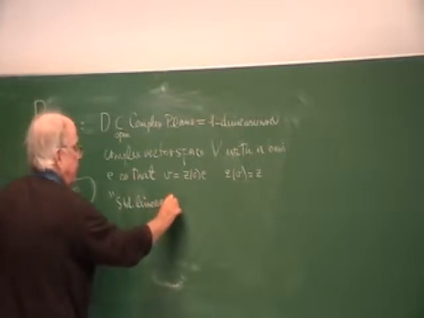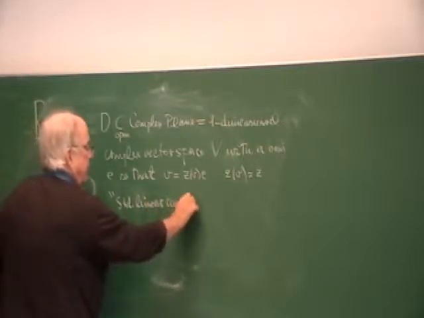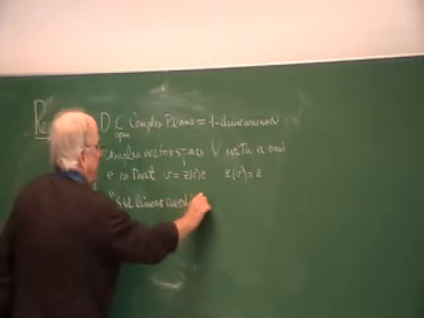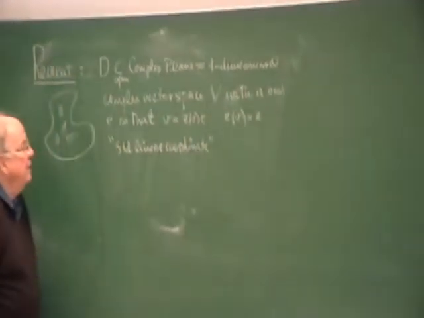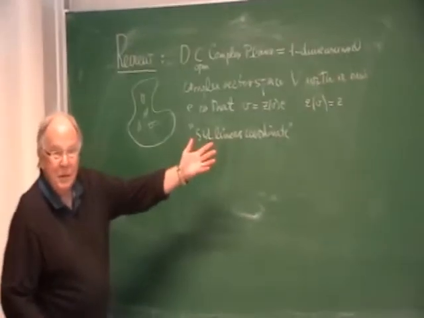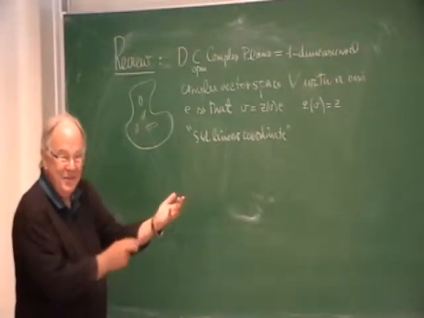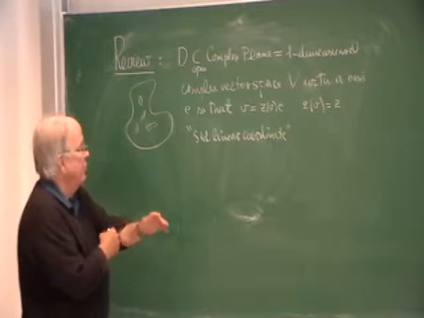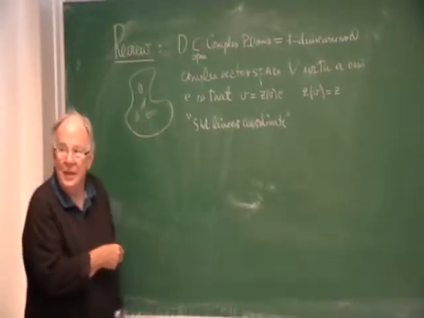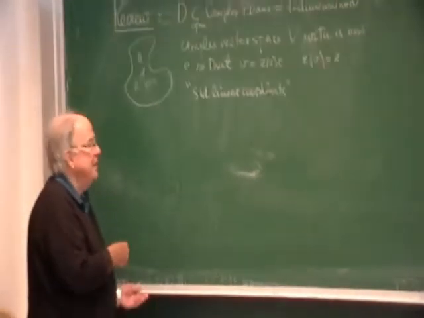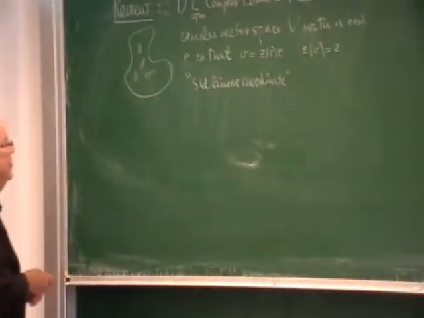I'm being a bit pedantic here, but I want to know what Z is, because we use Z all the time. So Z is the standard linear coordinate.